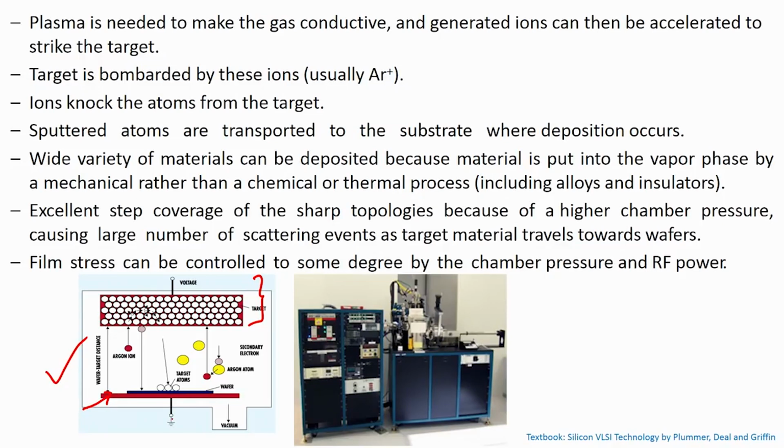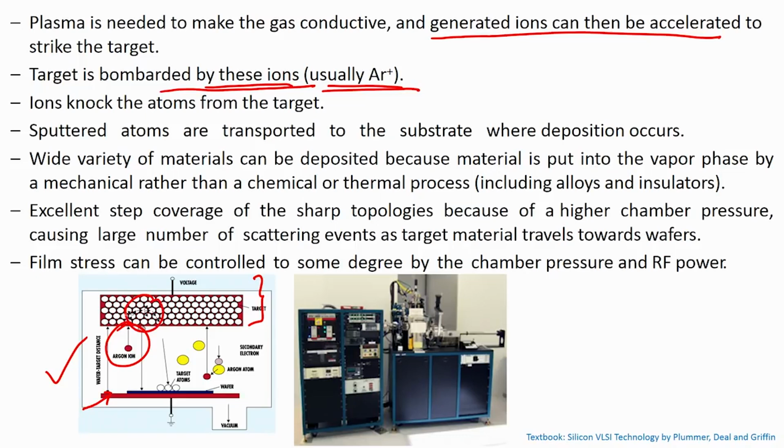When we apply a very high voltage and introduce argon, the plasma is needed to make the gas conductive, and the generated ions can then be accelerated to strike the target. The target is bombarded by these ions, usually argon plus. The argon ions will bombard this target, as you can see here.